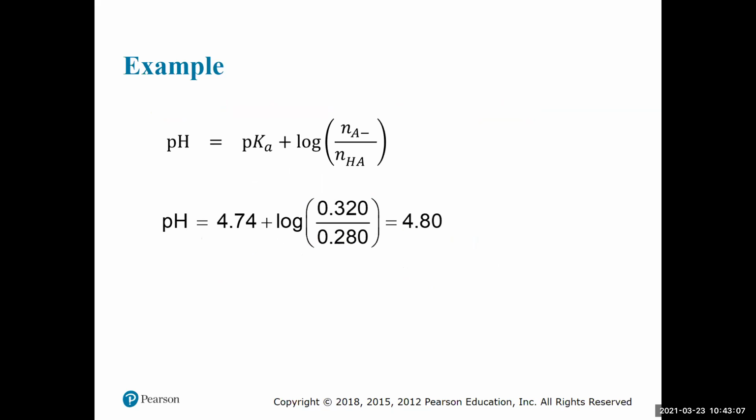The pKa we could look up, or we could look up the Ka, and then we would do minus the log of the Ka, and we get a value of 4.74. Then we do the math, and we see that the resultant answer is 4.80.